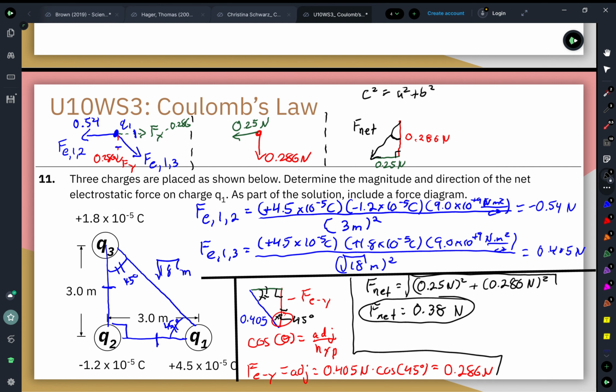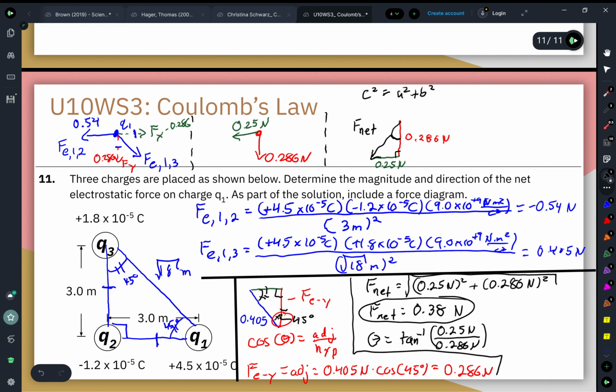Tangent of an angle is equal to our opposite over our adjacent. So if we want to determine the angle, it's going to be the inverse tangent of the opposite over the adjacent. Our opposite side is the 0.25 newtons, and our adjacent is 0.286 newtons.